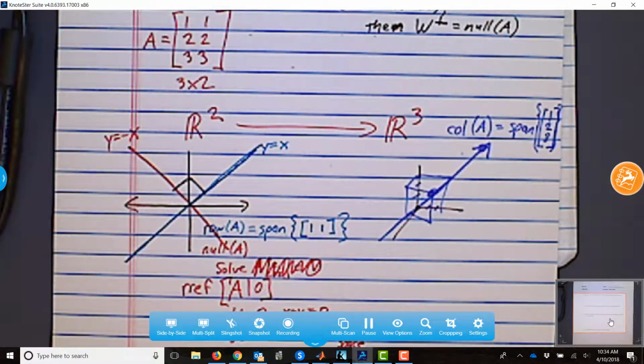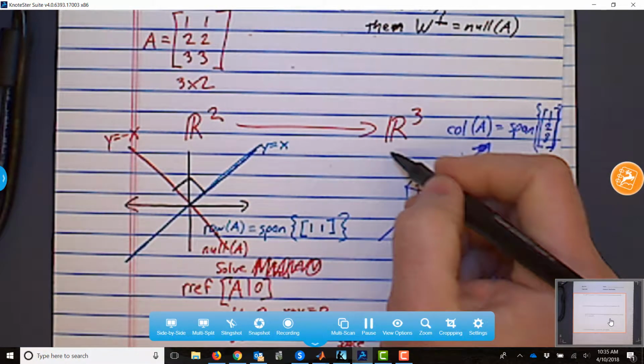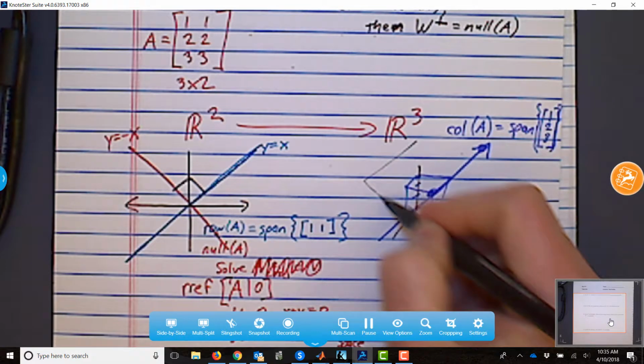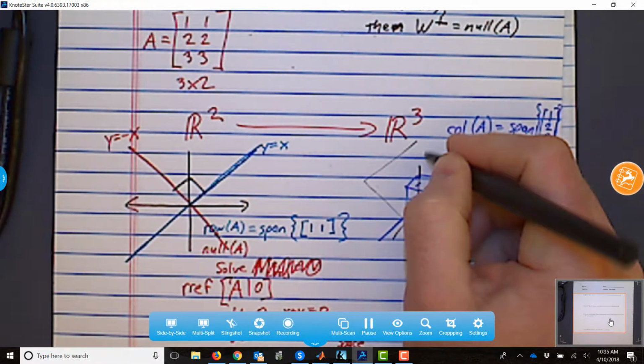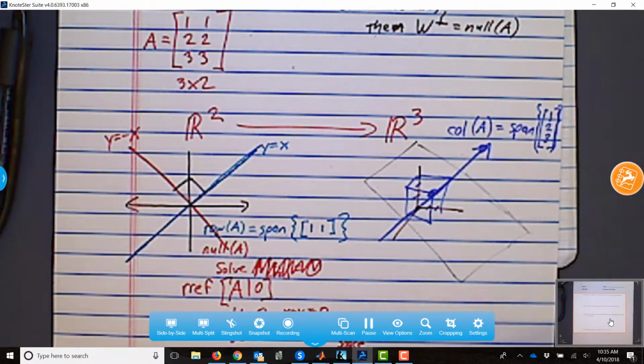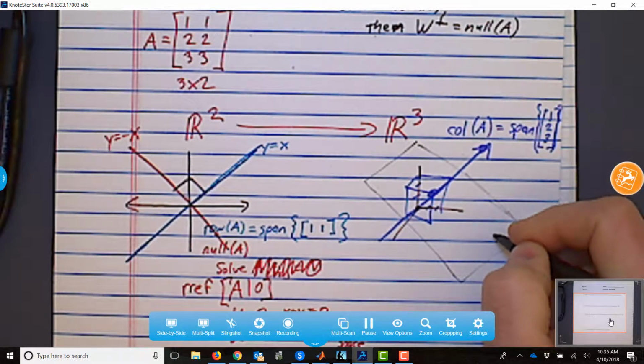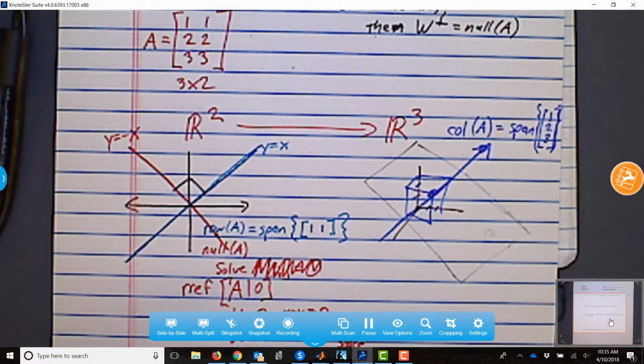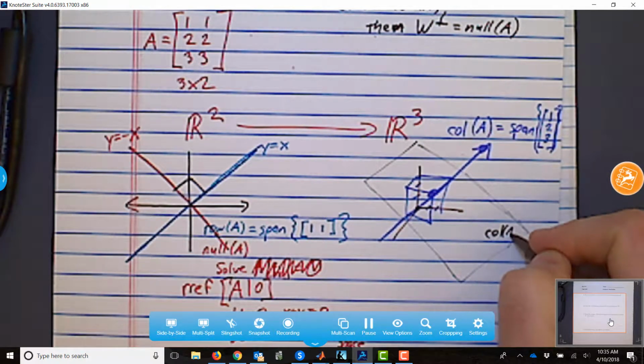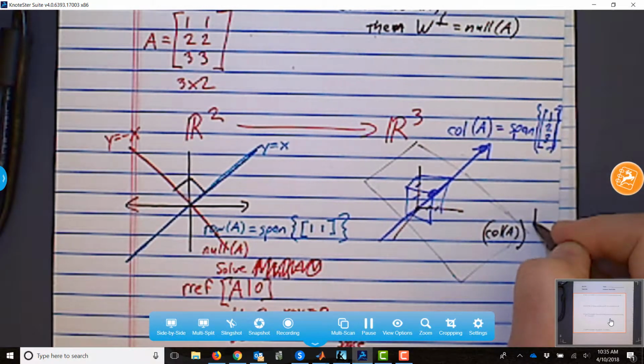So it turns out that the orthogonal complement, which I'll draw now, would be 2-dimensional, it would be a plane. So maybe you can picture this, I'm trying. This plane you could think of as the column space of A perp.